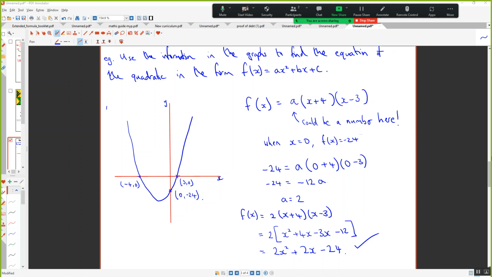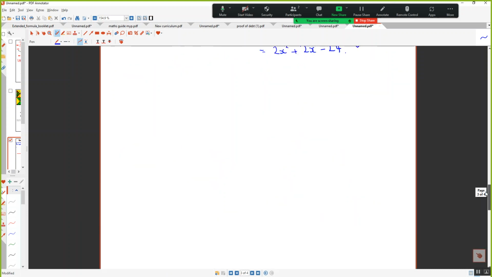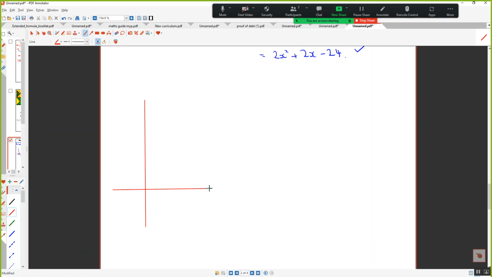And the y-intercept. Now, we could get one where we are given not those things, such as something like this. Only going to be given 2 points.